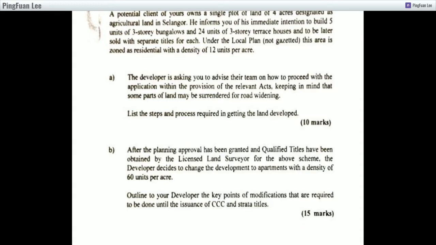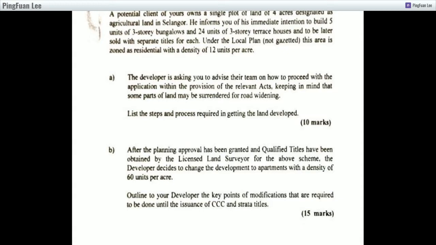Just explain a little bit more on the local plan, which is not gazetted. We need to get the planning authority consulted before we prepare the KM.